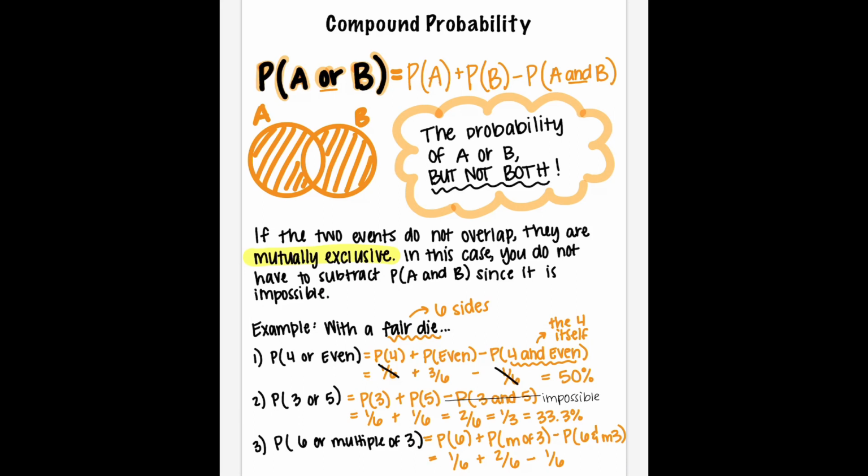Because for 6 and a multiple of 3, the only possibility of rolling a 6 and a multiple of 3 on a die numbered 1 through 6 is if you roll a 6 itself. So if we simplify this, again, we have the 1/6 minus 1/6. Those are going to cancel out, and we're left with 2 out of 6, which is 1 out of 3, or 33.3%.